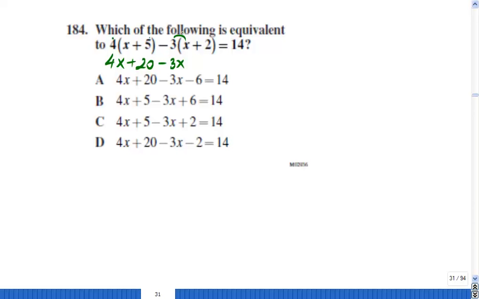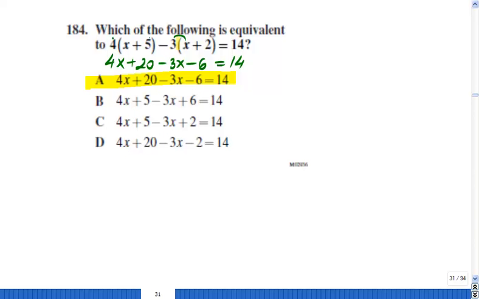Now be careful, the negative sign outside, would be minus 3 times 2, minus 6 equals 14. Combine your like terms. No, you don't have to do that in here, because as you can see, the answers are in the unsimplified form. 4x plus 20 minus 3x minus 6. What is the answer? A.